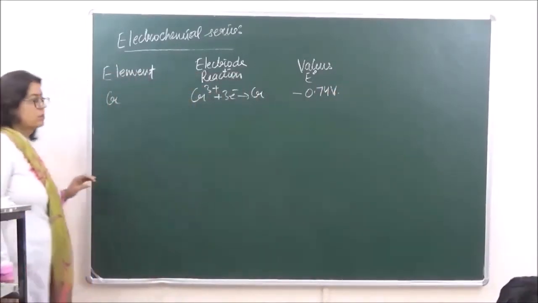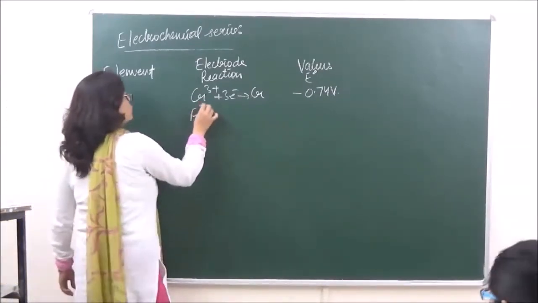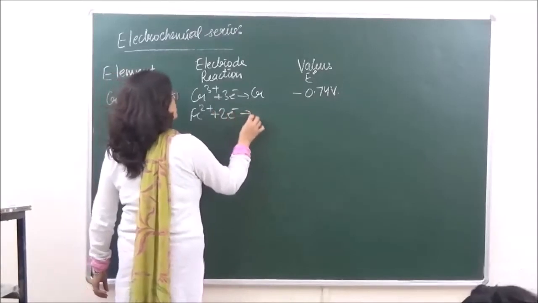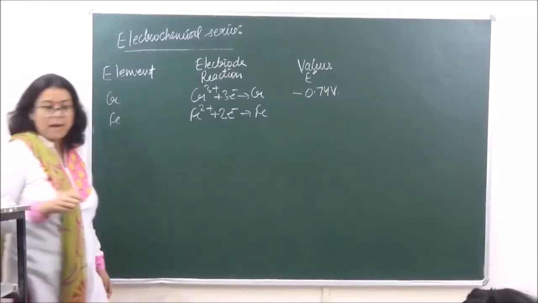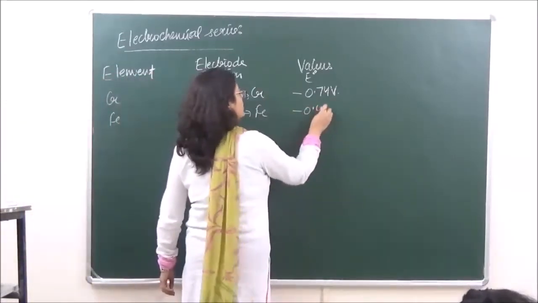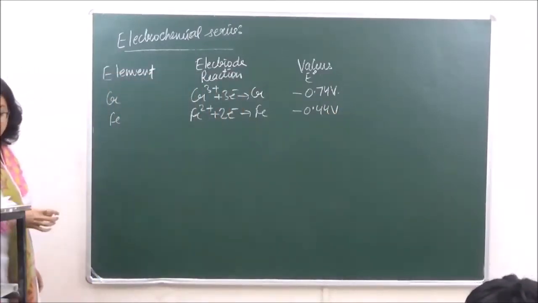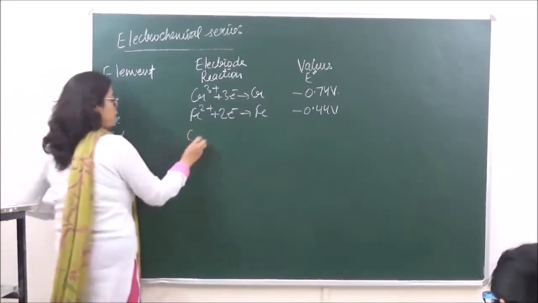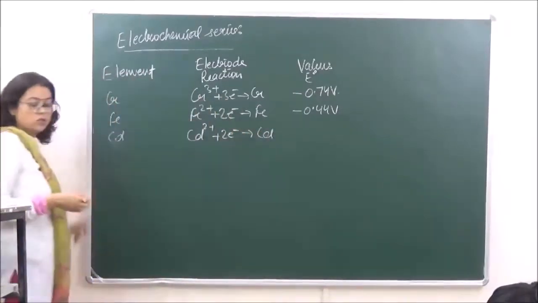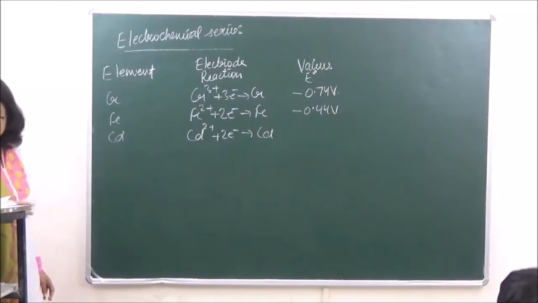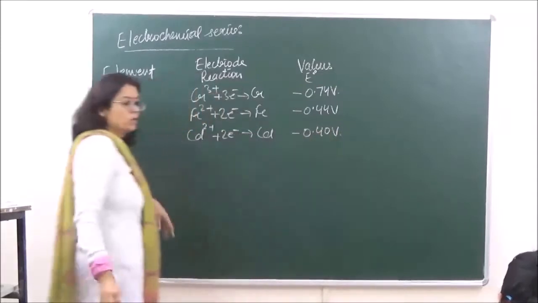After chromium is iron: Fe2+ plus 2 electrons to give us iron, and the value of iron is minus 0.44 volts. Then after iron is cadmium: Cd2+ plus 2 electrons to give cadmium, and the value of cadmium is minus 0.40 volt.